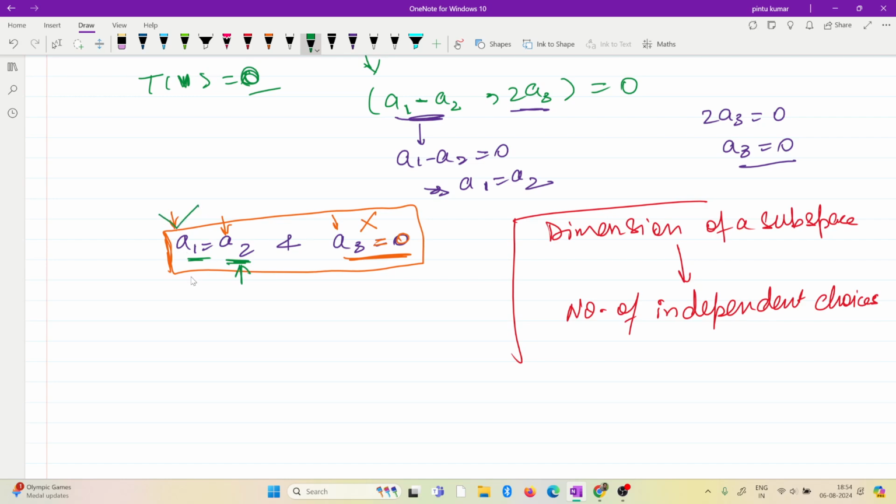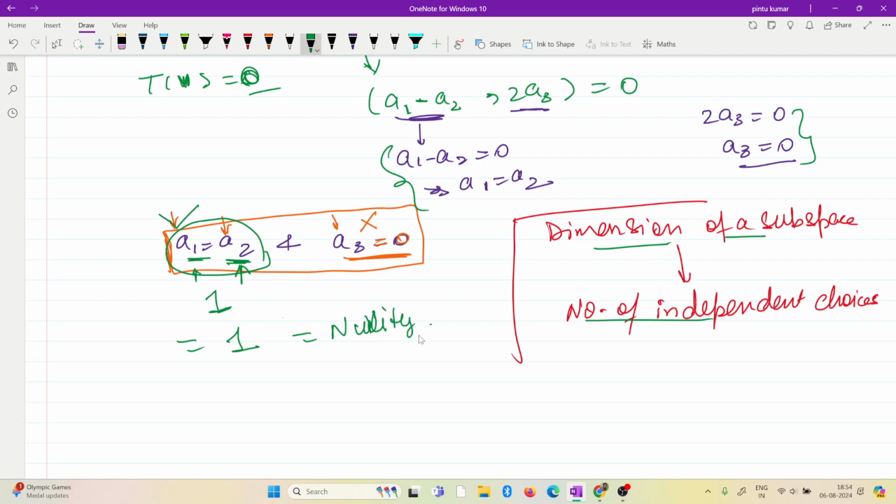Or as soon as you pick your A1, your A2 becomes fixed. So based on this condition, you have only one independent choice to make. Either you can choose A1 or you can choose A2. So as I said, the dimension of a subspace is the number of independent choices. So the dimension of this null space that we have defined becomes 1, and that is equal to the nullity, right?